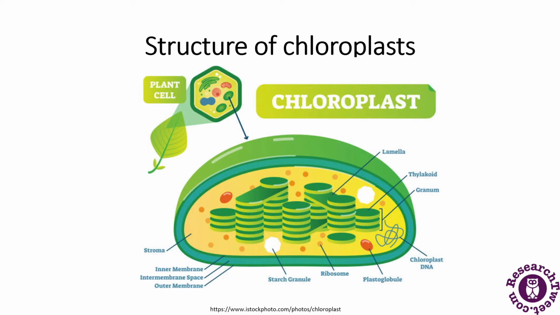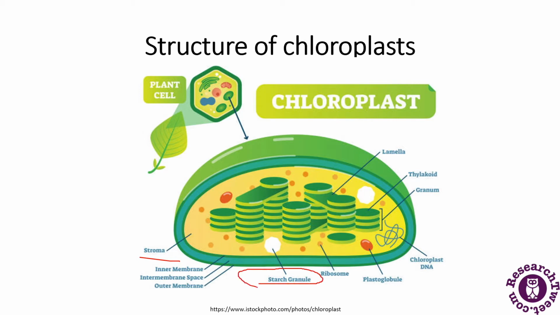This is the structure of chloroplast. Here we are showing a plant cell and a magnified view of the chloroplast. This part is called the stroma. This is the inner membrane, this is the outer membrane, and the space between them is the intermembrane space.